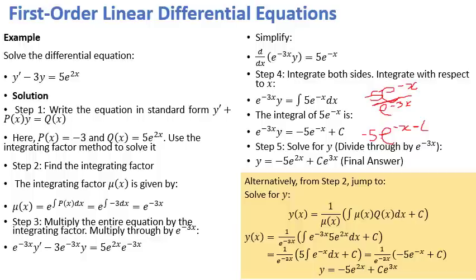So when you subtract minus 3x this way, minus times minus will give us plus, so we are left with minus x plus 3x, and that will give us 2x, and that is how we got this.